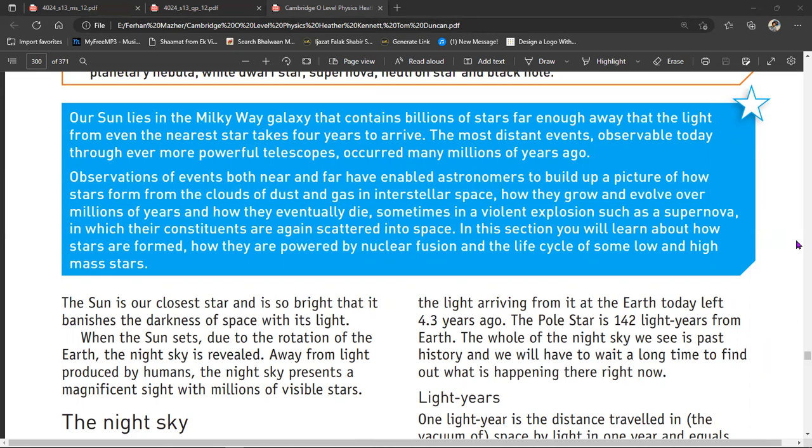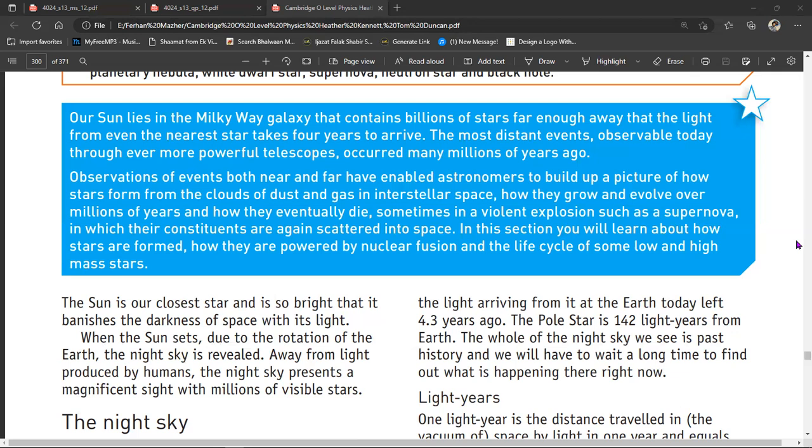Observations of events both near and far have enabled astronomers to build up a picture of how stars form from the clouds of dust and gas in interstellar space, how they grow and evolve over millions of years, and how they eventually die, sometimes in a violent explosion such as a supernova in which their constituents are again scattered into space.